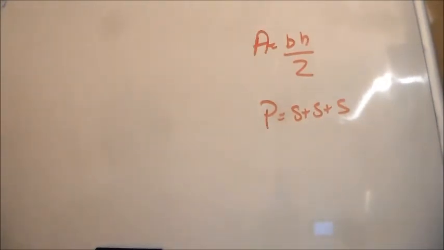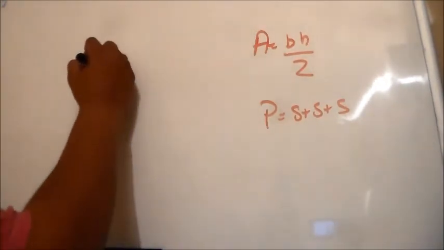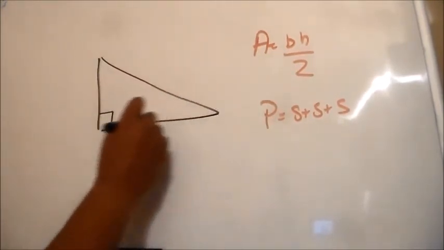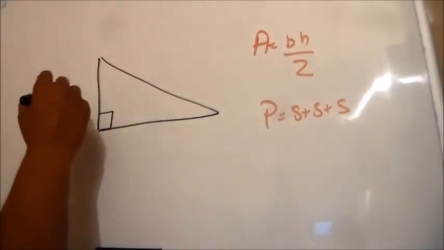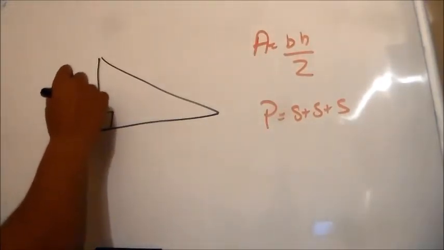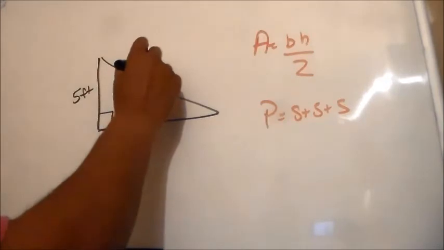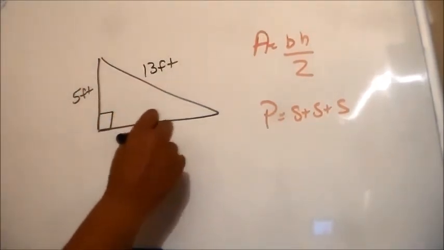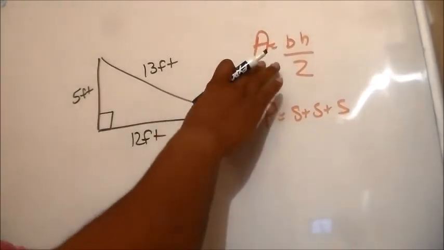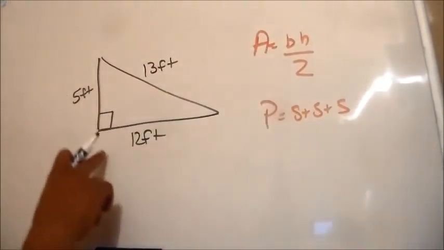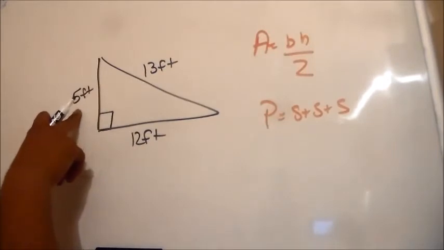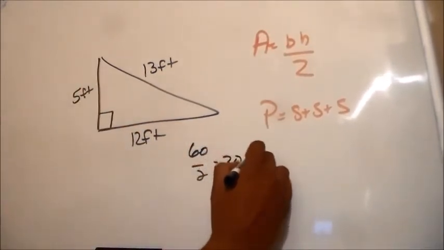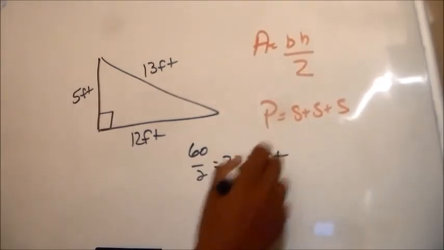Okay, so moving right along, we'll have a right triangle this time, and our sides will be 5 feet, 13 feet, and 12 feet. We're going to find area. Area is base 12 feet times height, which is 5, which is 60, divided by 2, 30, and we're going to say square feet.